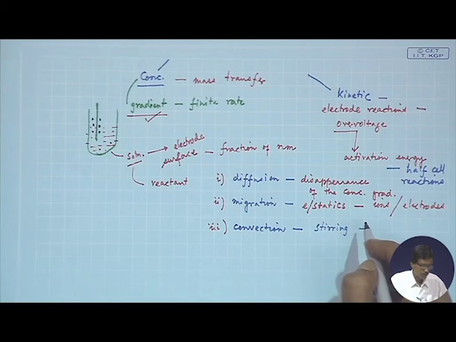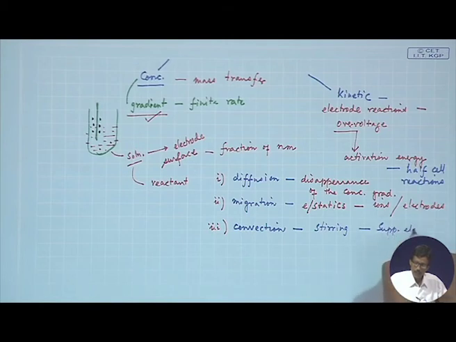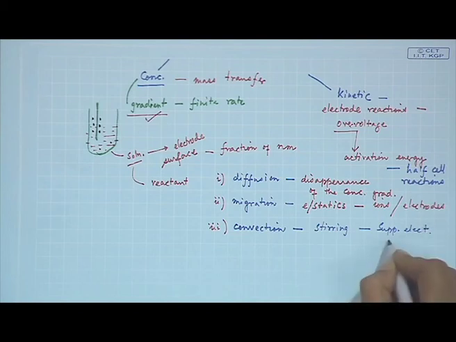And we have also seen that we can use the addition of a supporting electrolyte. Addition of a supporting electrolyte reduces the cell potential, and also decreases the IR drop.